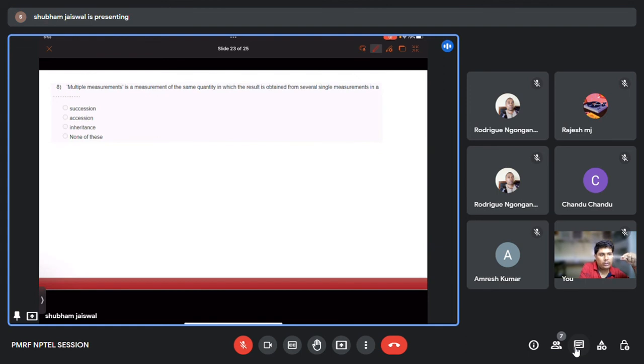Like if I have this pencil and I am measuring its diameter, or I have 10 pencils with the same diameter and I am measuring them, it will be a multiple measurement.